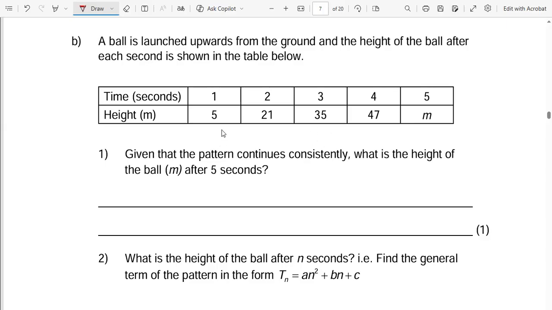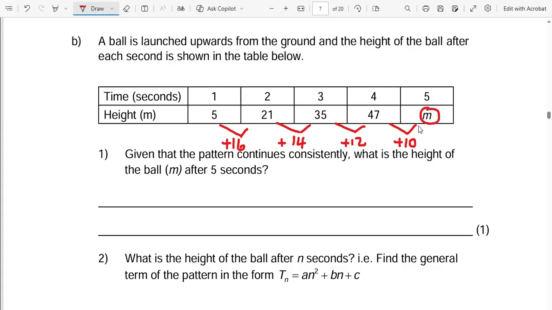Guys, let's find the differences. 21 minus 5, that's 16. Then 35 minus 21, that's 14. Then 47 minus 35, that's 12. So this tells you that the difference is decreasing by 2, which makes this one 10.